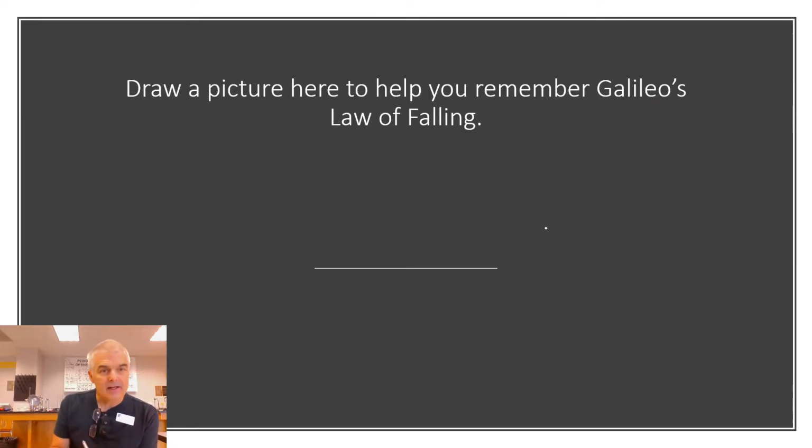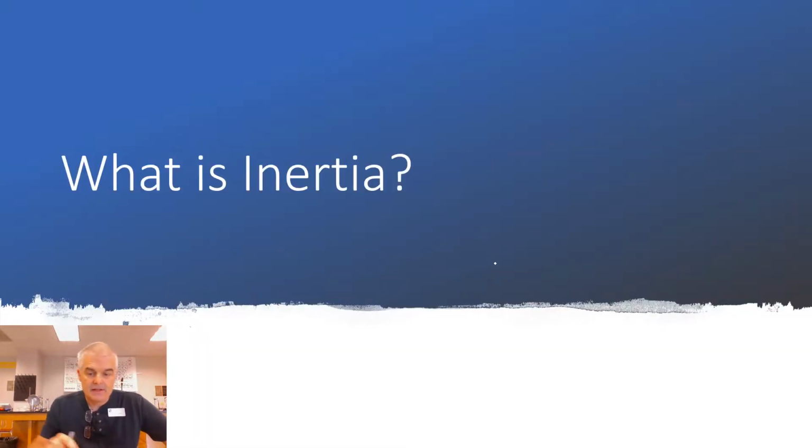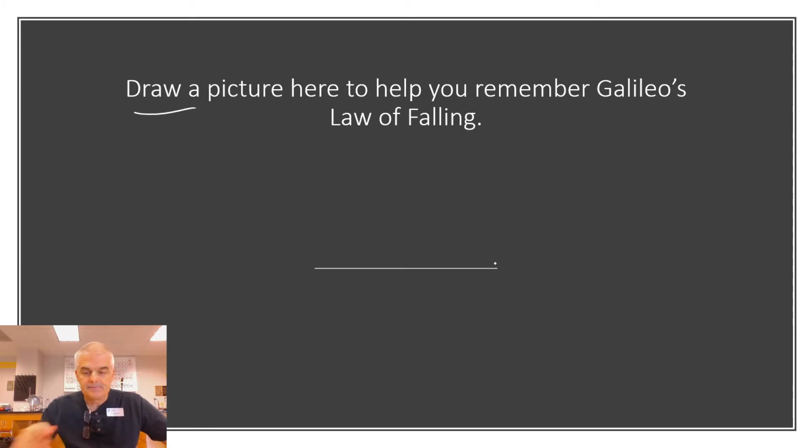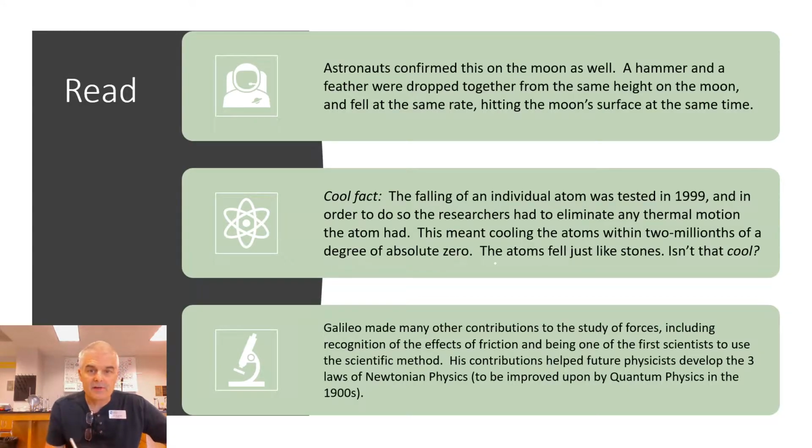Anything. Now, what I'd like you to do is actually draw some pictures. So a duck, a velociraptor, a book, an atom, anything. So I want you to, in the notes, draw what that might look like to help you remember this. A couple of interesting facts, right?